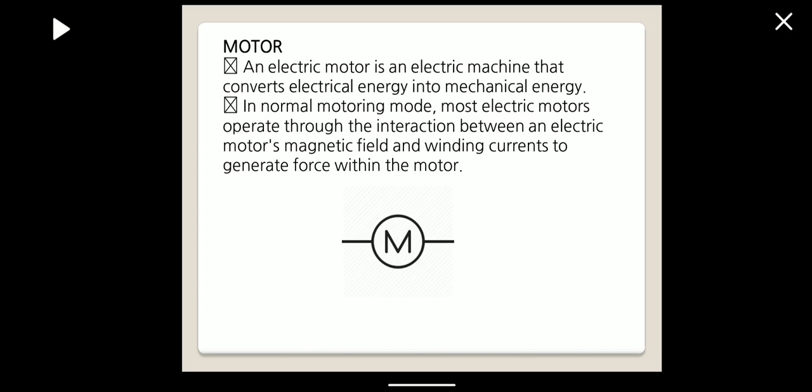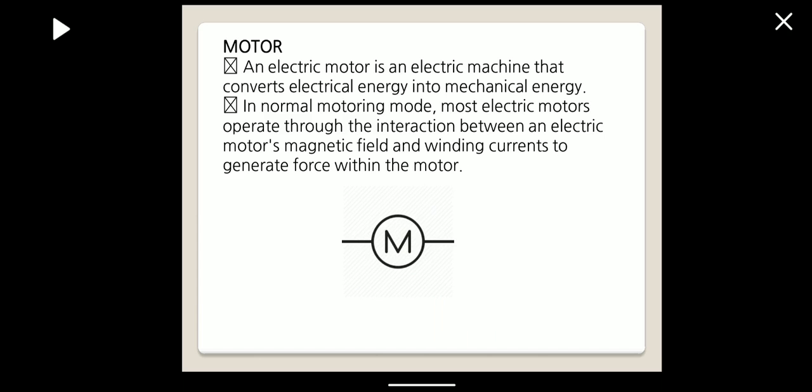The next is motor. The motor symbol is similar to the generator symbol. The only difference is that in the generator symbol G is right there, and here M is replacing the G. The electrical motor is an electrical machine that converts electrical energy into mechanical energy.